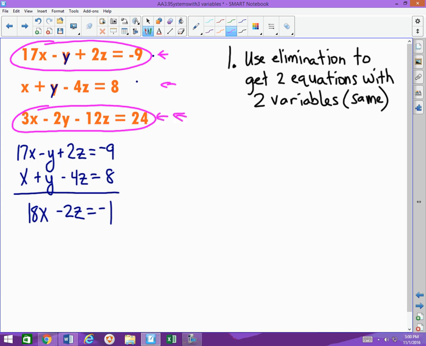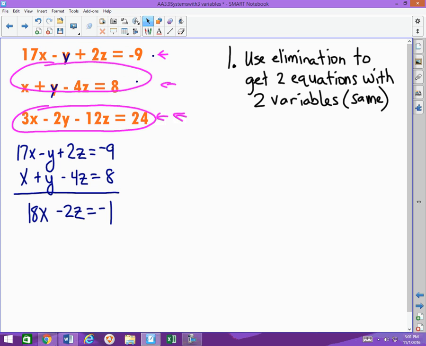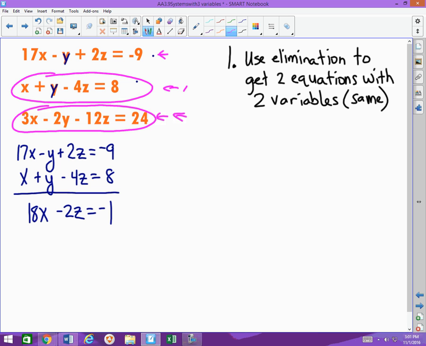No, we're not. We're going to do the second one and the third one. Because in order to eliminate y, I would have to multiply this equation by 2. So I will get 2x plus 2y minus 8z equals 16.